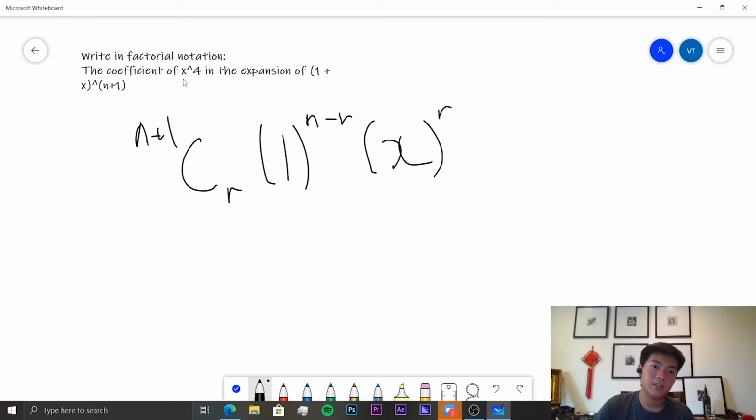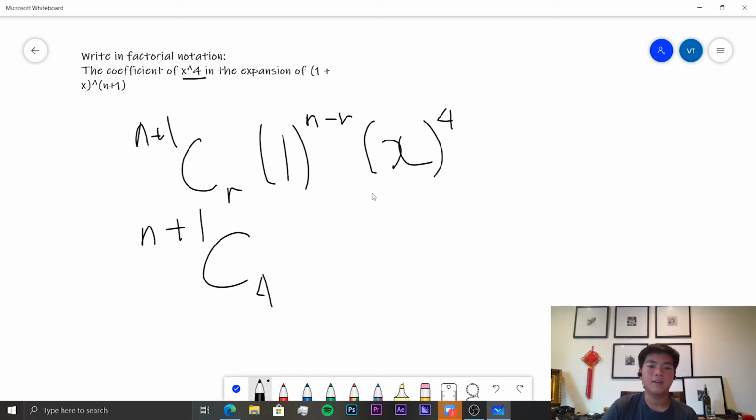So when we want x to the 4, we are simply getting the case where r equals 4. And so the coefficient would be n plus 1 choose 4.